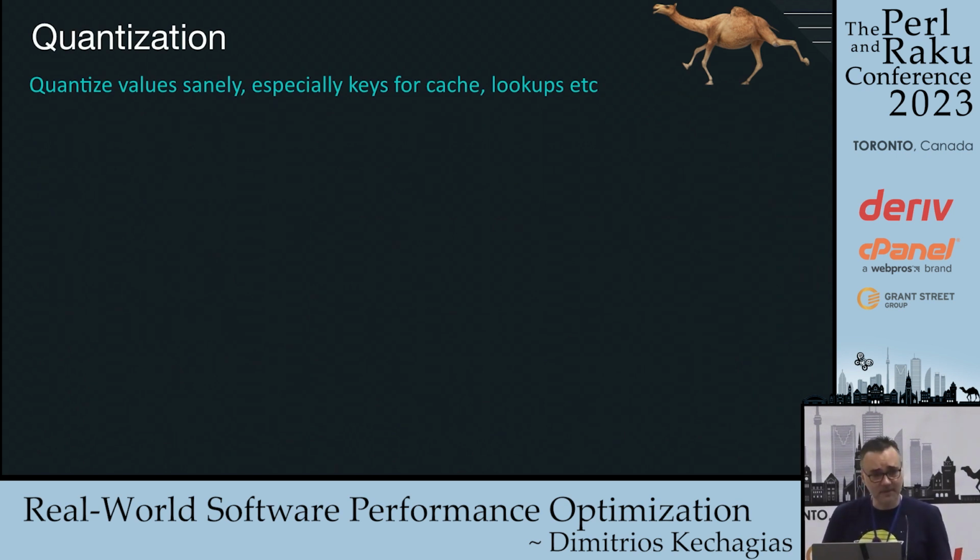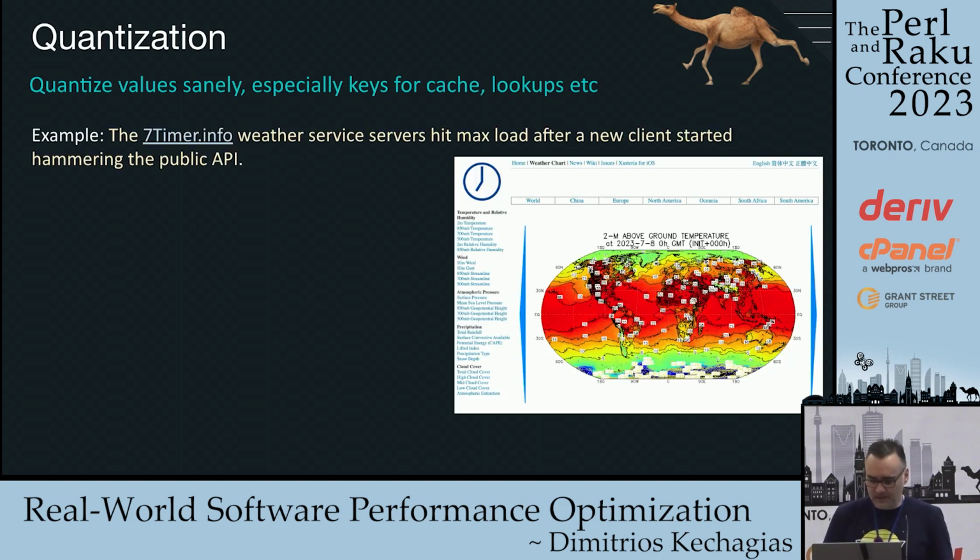Quantization. I'm referring to quantizing keys for cache lookups, etc. I donate servers for a project called 7Timer. It's a weather service, mostly relevant to stargazers and astronomers, and also used by Home Assistant. There was a new client that was hammering the API, spiking the load, and I would need to buy a new server.